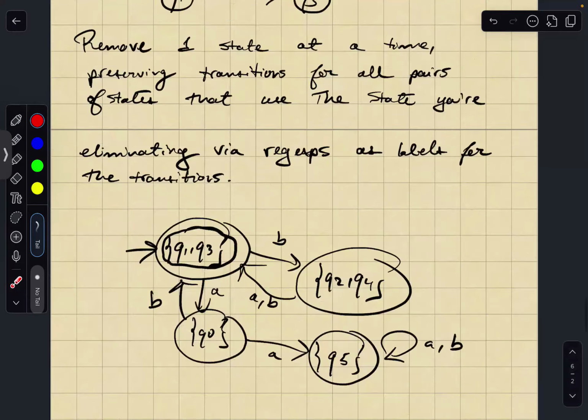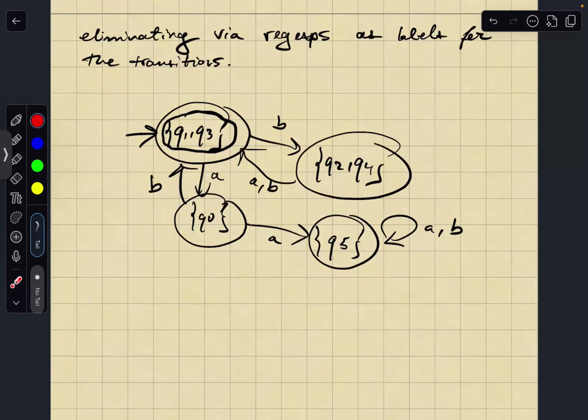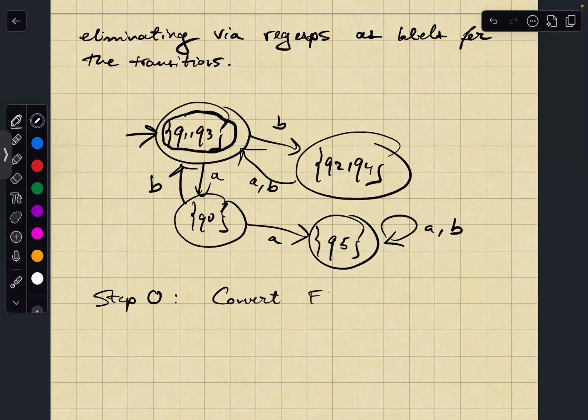So before you start the algorithm, this is something that you have to do as a pre-processing step. So step 0 is to convert the FA such that it contains one start state and one accept state, right?